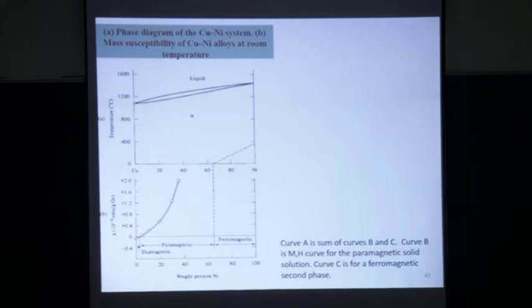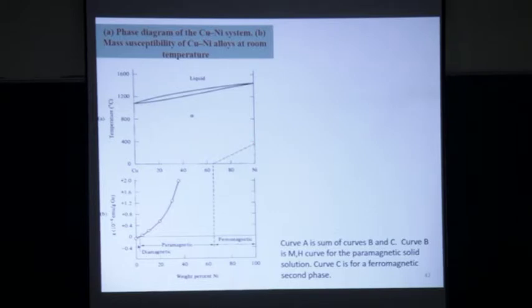Okay, so now, somebody asked this question also yesterday: if you have a system like copper-nickel, an alloy of copper and nickel, it is ferromagnetic. Copper is not ferromagnetic. So as you add copper to nickel, the Curie temperature keeps falling.